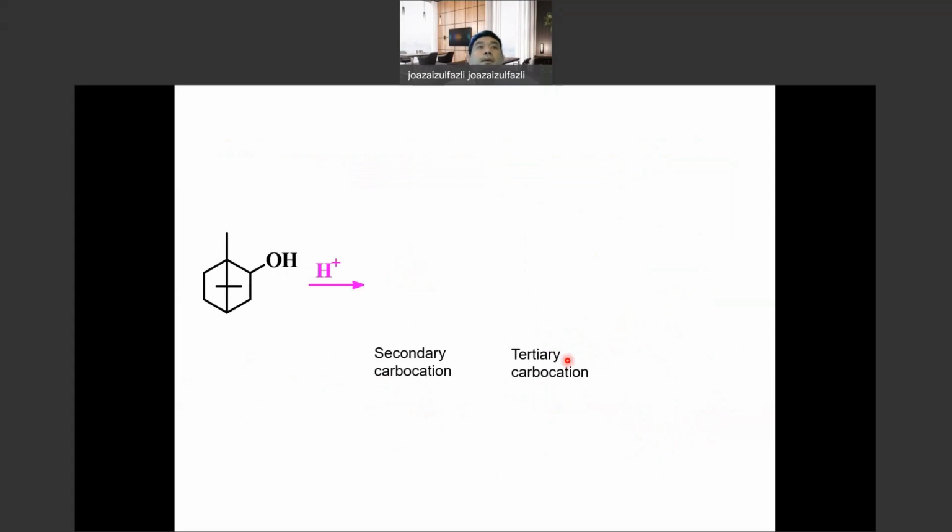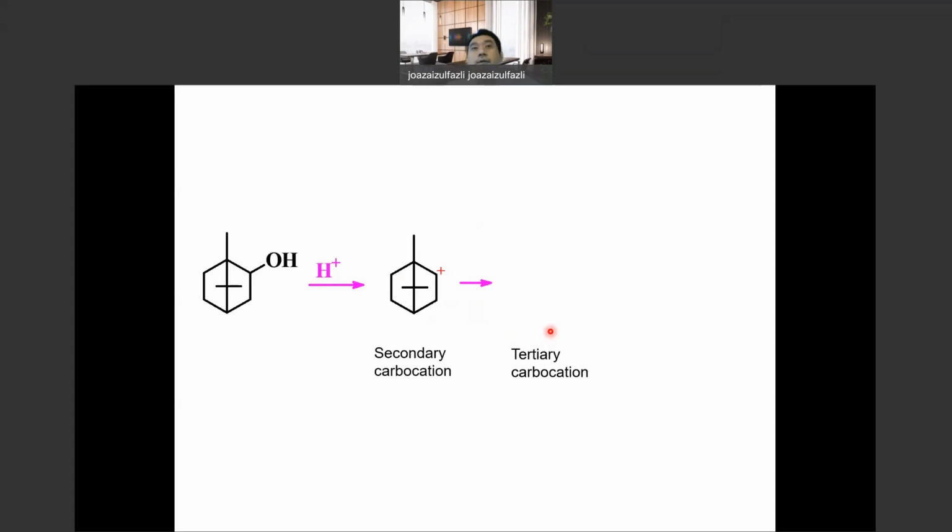Okay, this is another example, from a cyclic alcohol. Then deprotonation and removal of water forms a carbocation. The original carbocation is secondary, so there is a possibility to form a more stable carbocation, which is tertiary. So how to do it? At this stage we need to think about three possibilities: a hydride shift, a methyl shift, or ring expansion.